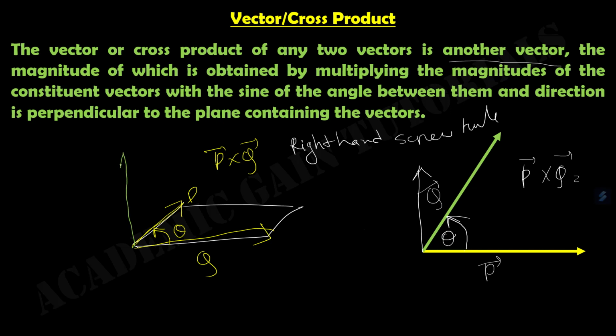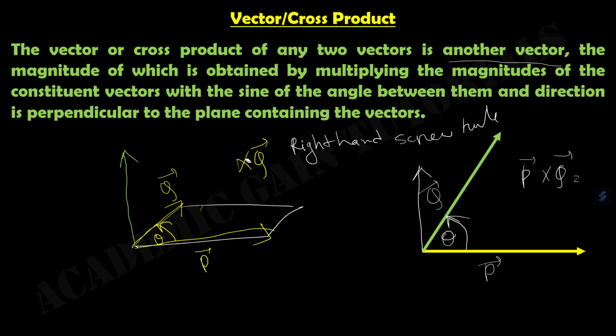If we want to find Q cross P, let me correct this. This is Q vector and this is P vector. Pardon me for my mistakes. In the previous example, we took P cross Q, and the angle is in anti-clockwise position, so the perpendicular will be upwards from the plane.